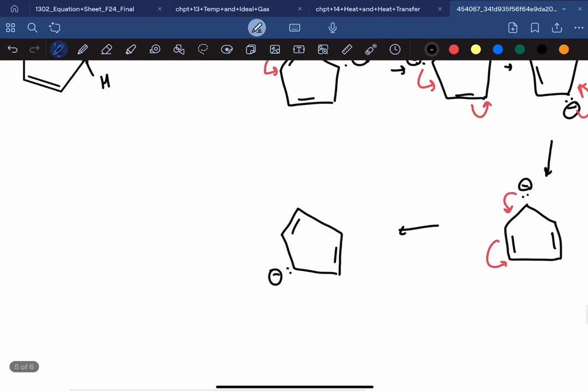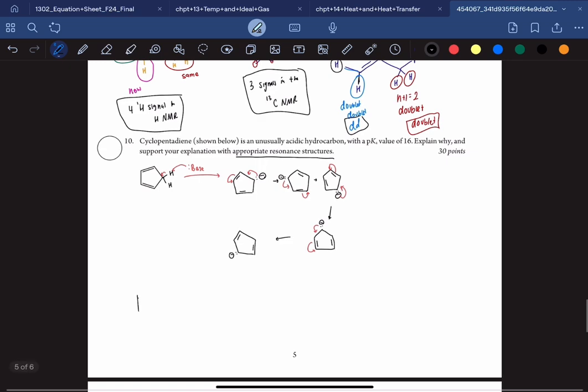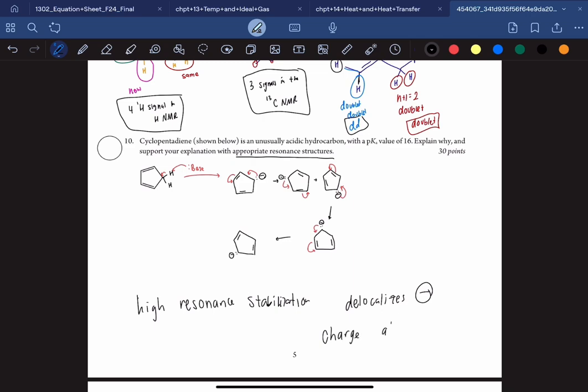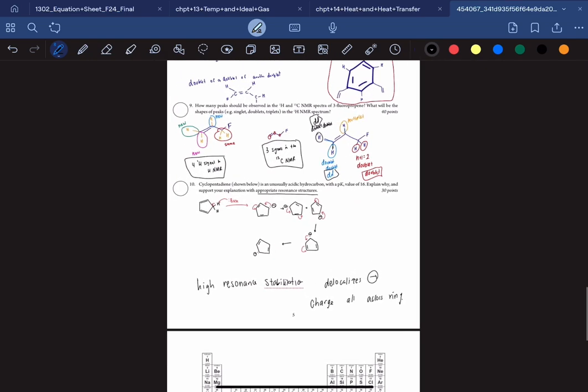So all you gotta write is like high resonance stabilization, and you can say something like delocalizes. I can't even spell. Oh my goodness. Minus charge all across ring. Oh my goodness. And then you just turn in your final, okay?